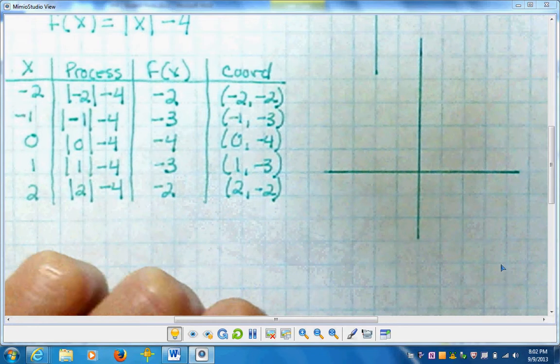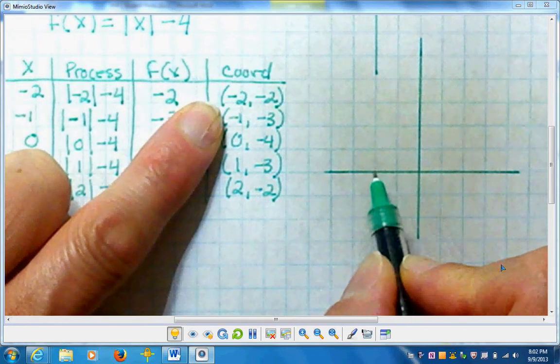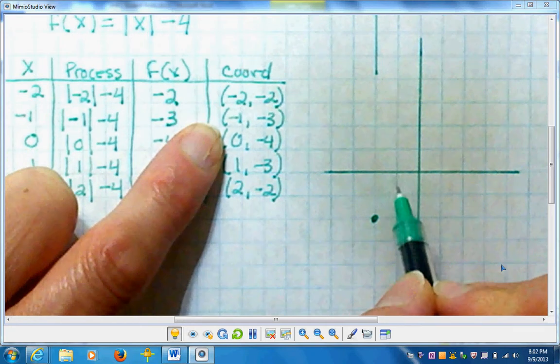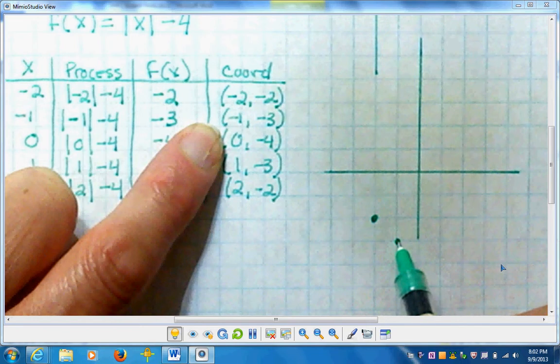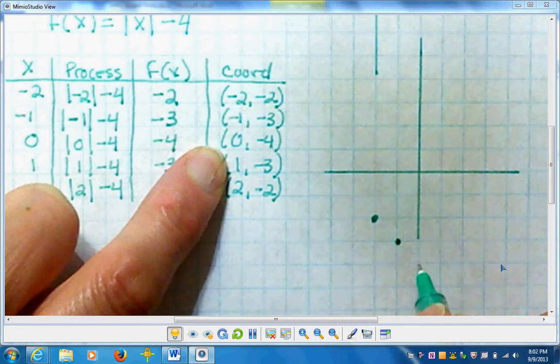So let's plot our points. I have negative 2, negative 2. That's down here. Negative 1, negative 3. 0, negative 4. Oops, I didn't make my axis quite long enough, did I?